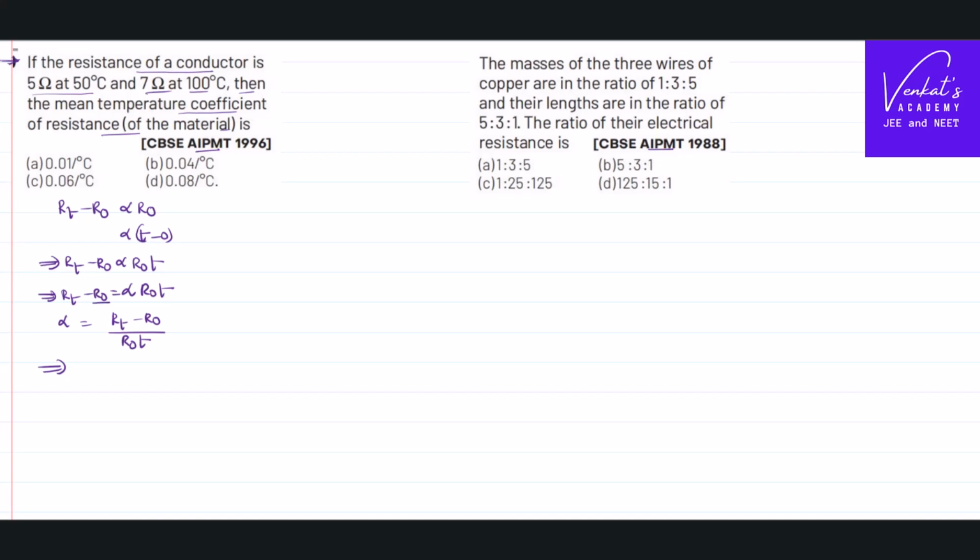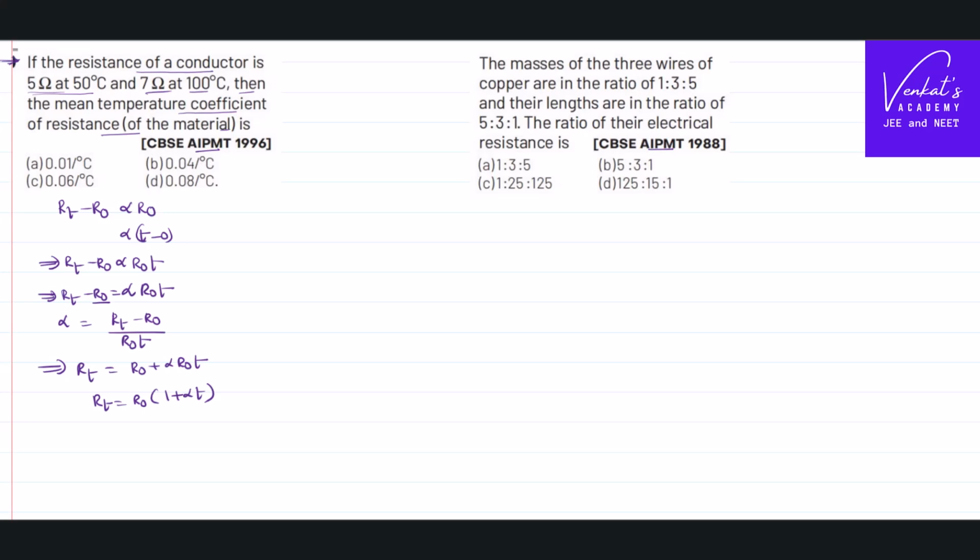If you take R_0 to that side, R_T is R_0 plus alpha R_0 T. So R_T equals R_0 of 1 plus alpha T, where the initial temperature is 0.